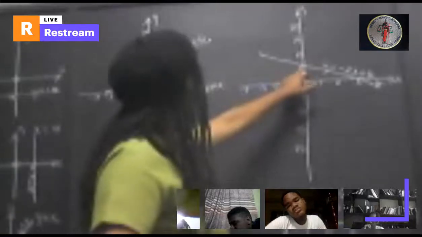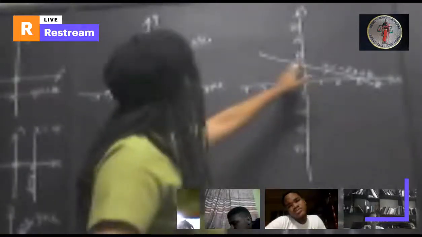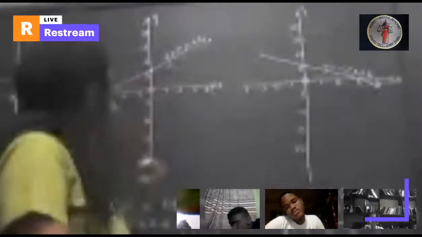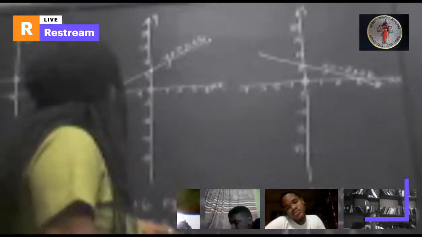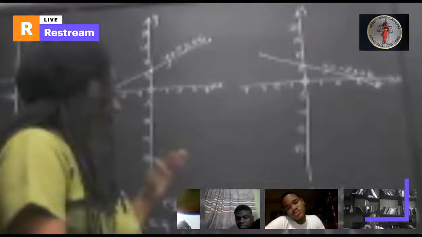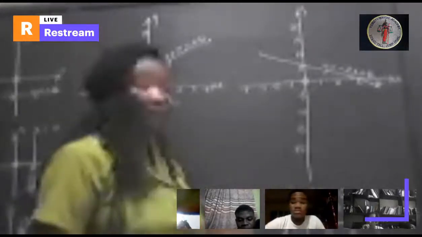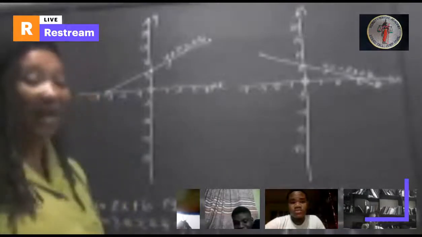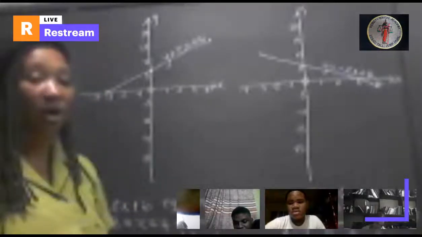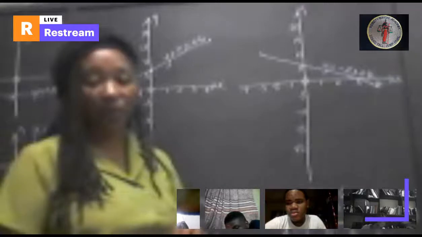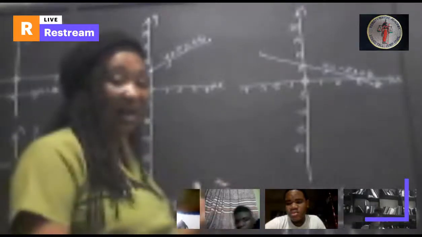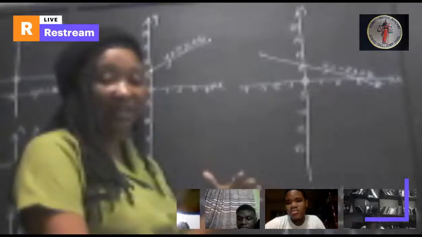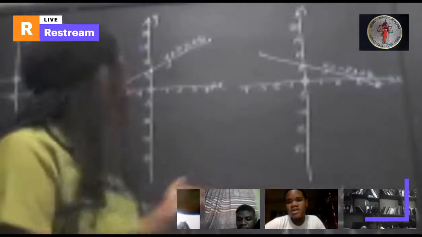In both cases, the intercept is 6. It crosses the y-axis at positive 6. But it can also tell you what the gradient is, as well as how the line will be oriented. Will it slant towards the right or will it slant towards the left?